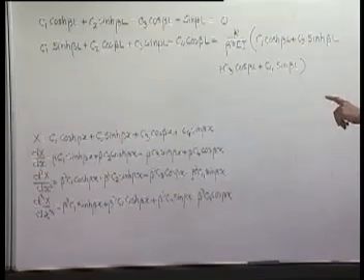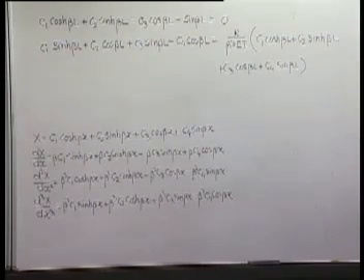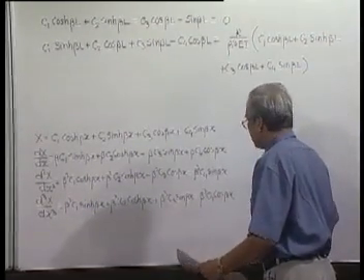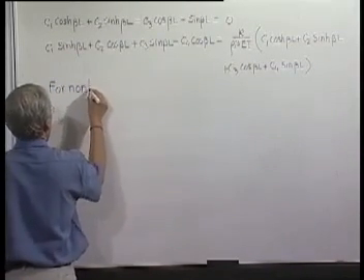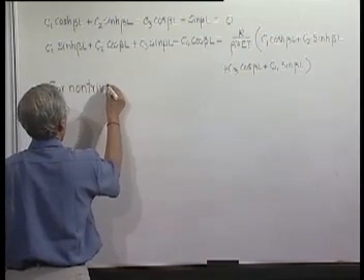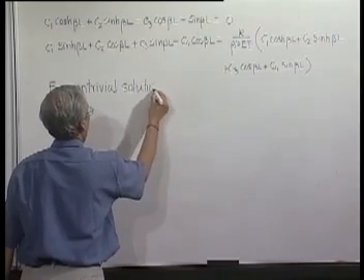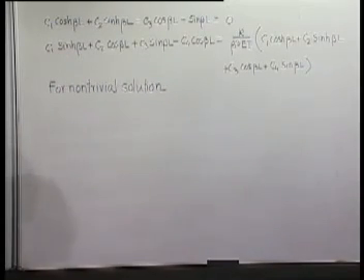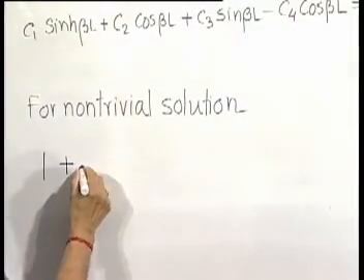So we can replace C2 by minus C1, or C3 by minus C1 and C4 by minus C2. So we will get two equations with two unknowns C1 and C2, and obviously we will finally get, for a non-trivial solution to exist, this condition has to be satisfied.